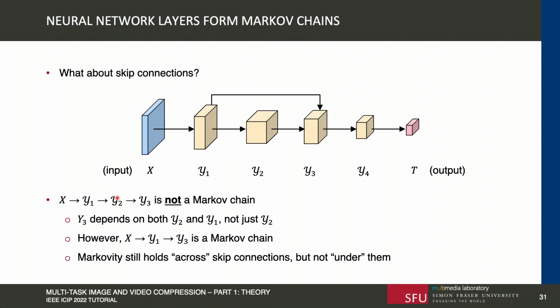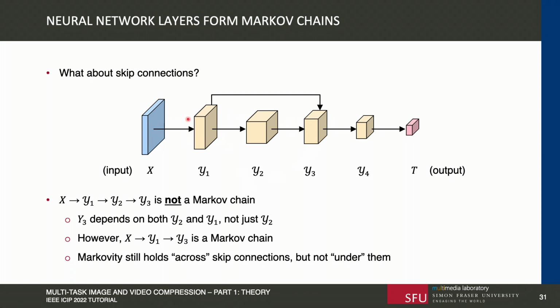Well, x to y1 to y2 to y3 is not a Markov chain. And that's because y3 is not independent of y1 when y2 is given, because y3 also depends on y1, right? And so we lose this conditional independence in such a case. So that's not a Markov chain.